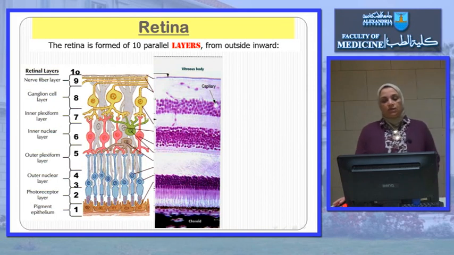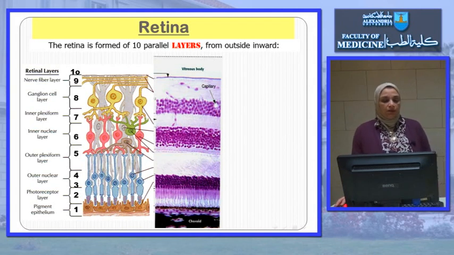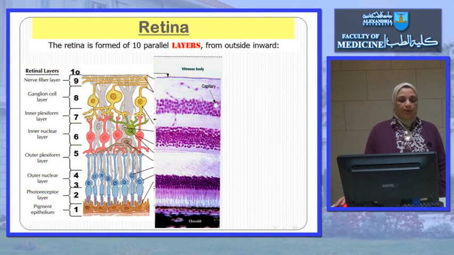What are these Muller cells? These are supporting cells, so they are not neurons. They are not conducting impulses, but they are supporting, nutritive cells. It's a neuroglial cell. You remember in the brain you have nerve cells and supporting cells, or neuroglial cells. This is just like in the brain. They extend from the inner limiting membrane to the outer limiting membrane, which is layer number 3.